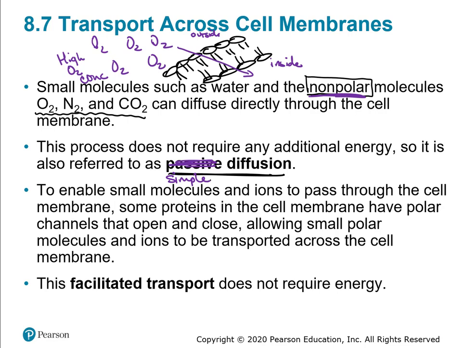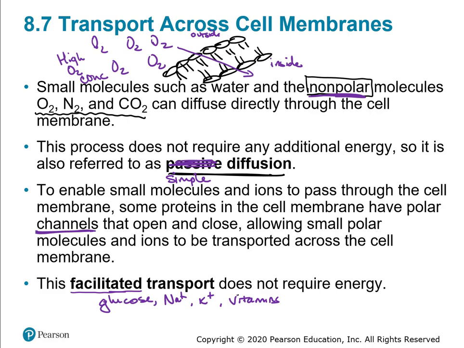Facilitated transport, though, this is how ionic and polar molecules get in or out of the cell. Doesn't require energy, but it may require a channel. So things like glucose, sodium ions, potassium ions, vitamins, the polar vitamins, they get to be high concentration outside of the cell.